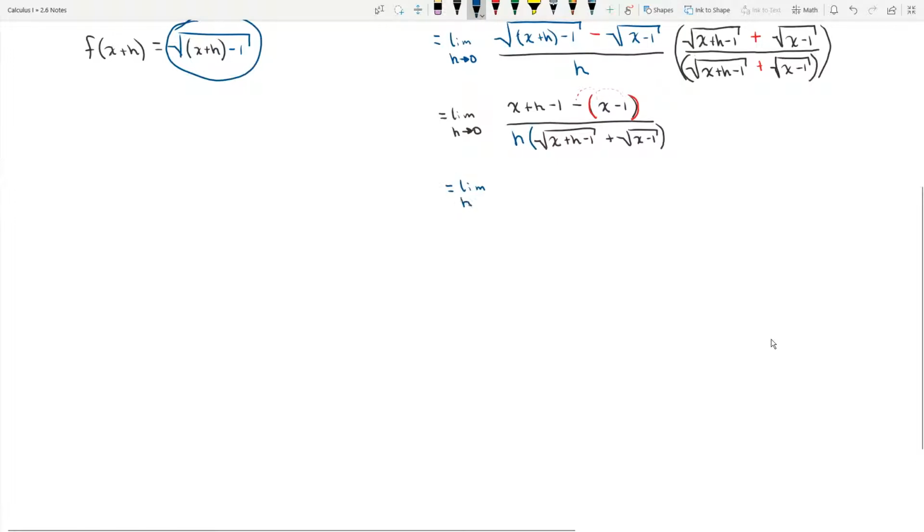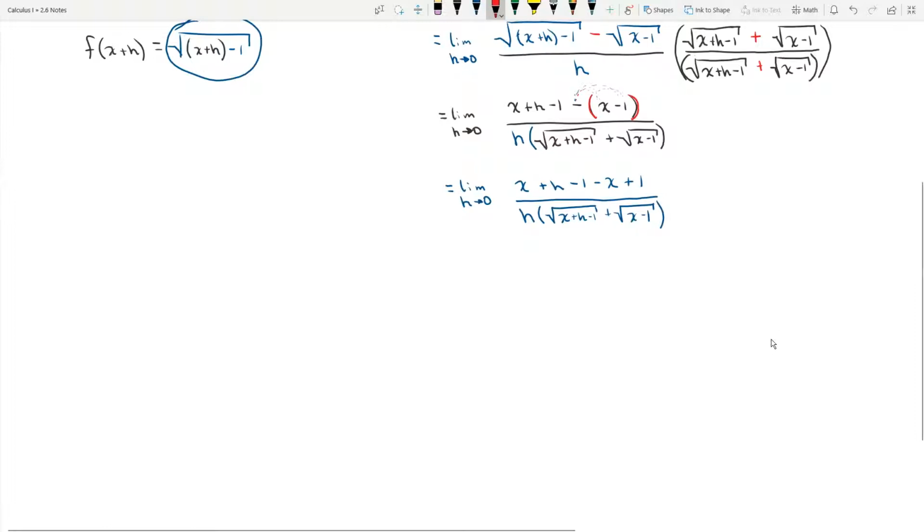As the limit as h approaches 0, we still have x plus h minus 1. I carry that negative sign through to the x, I'll have negative x. I carry the negative sign through to negative 1, it becomes a positive 1. All of that still over h times the square root of x plus h minus 1 plus the square root of x minus 1.